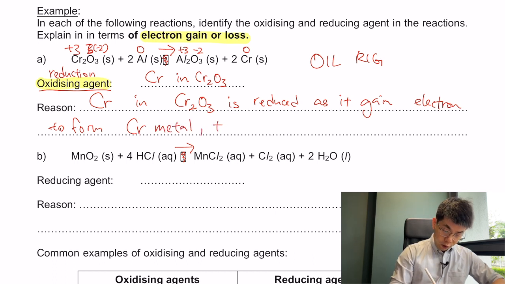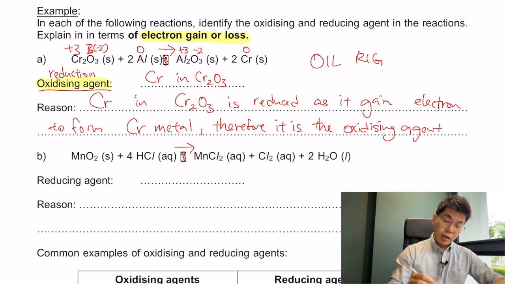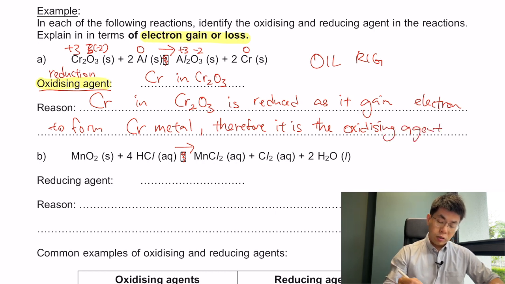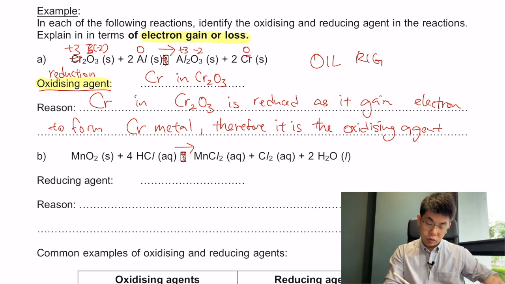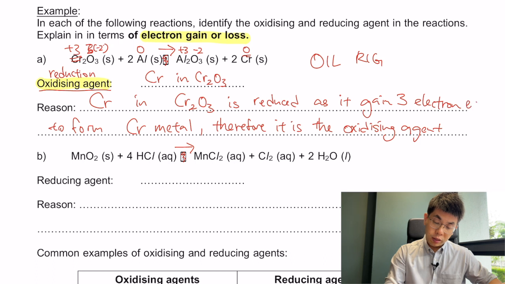Okay, therefore it is the oxidizing agent. Okay, I'll go through the steps. Oh, not yet done. So how many electrons? So it went from plus 3 to 0, so that's 3 electrons. And then I must remember to add the word each.